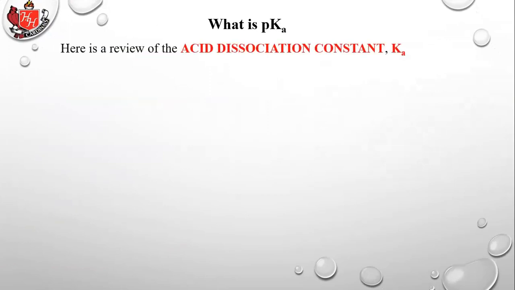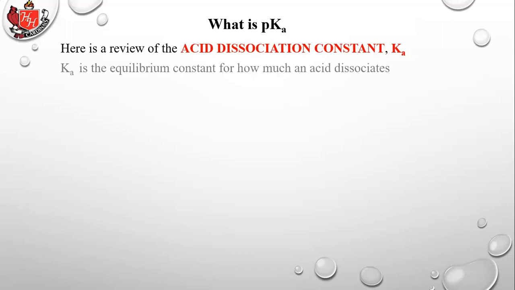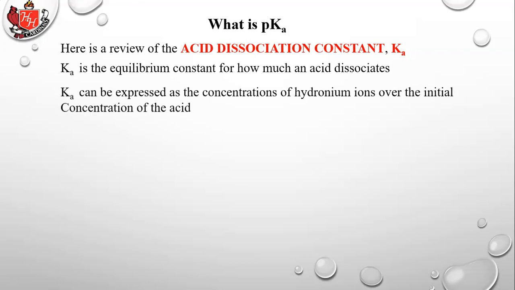So what is pKa? Here's a review of the acid dissociation constant Ka. Ka is the equilibrium constant for how much an acid dissociates. Ka can be expressed as the concentration of hydronium ions over the initial concentration of the original acid. So there it is. Okay, that's the equilibrium equation known as the law of mass action, and that's for an acid.